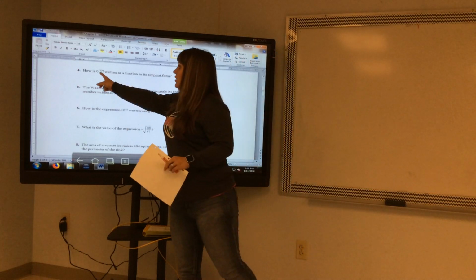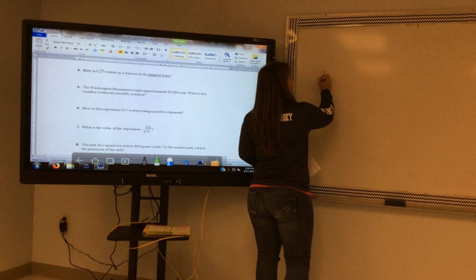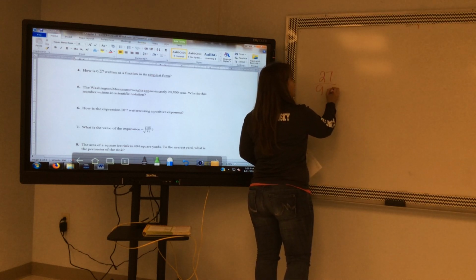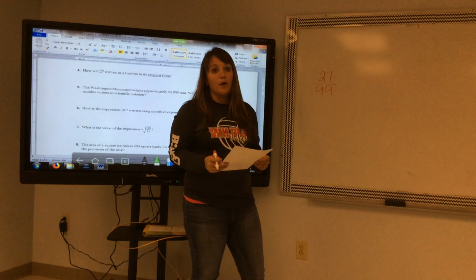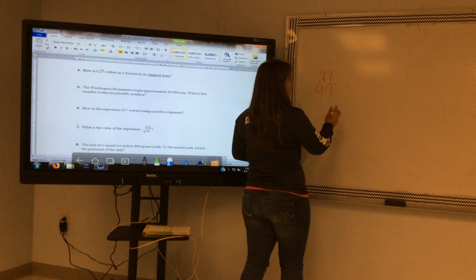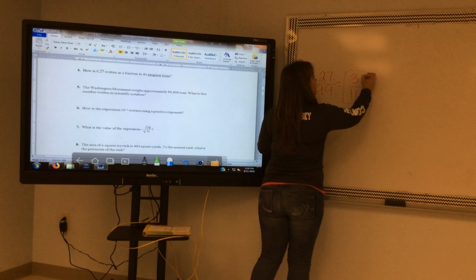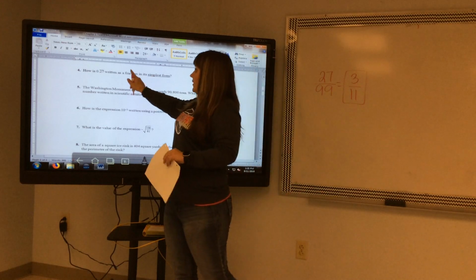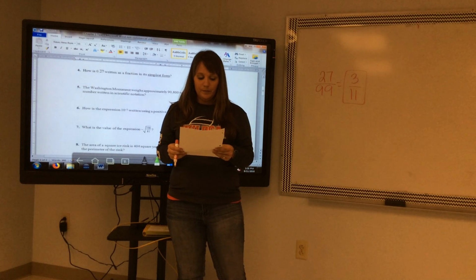So since I have a 2 and a 7 repeating, my numerator is 27, my denominator is 99. However, I need to simplify that. I can divide both of those numbers by 9, but typing it into your calculator, 27/99, and hitting enter, you get 3/11. So the simplest form is 3/11 for number 4.